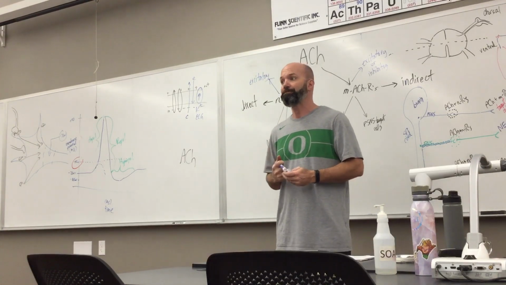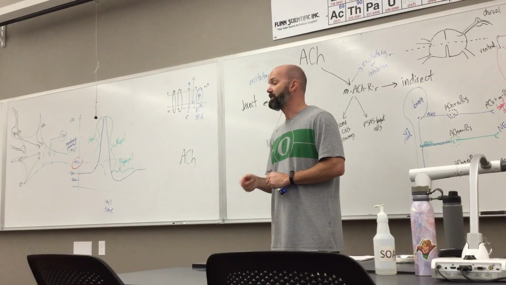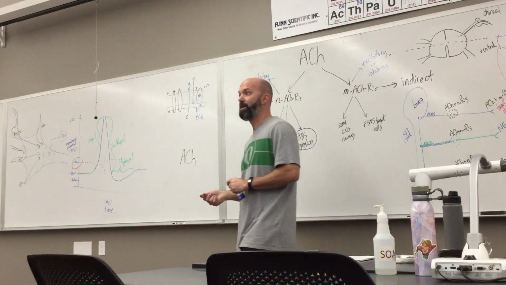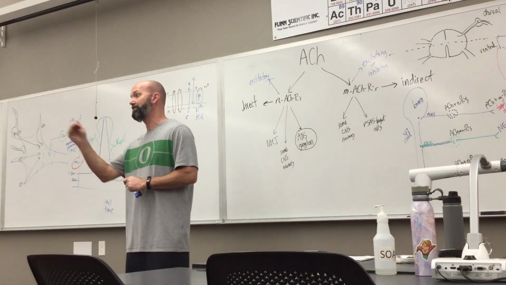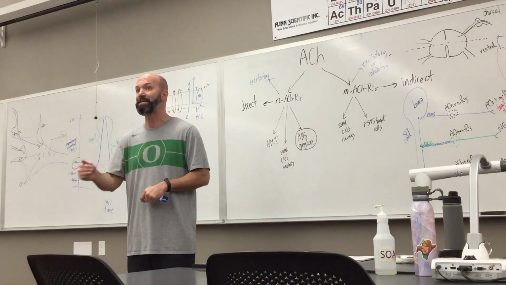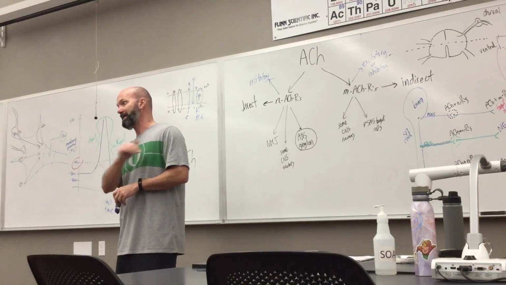When the neurotransmitter binds to the receptor, it opens ion channels. When you open ion channels, ions start moving across the membrane, changing the voltage. If that voltage becomes more positive at the postsynaptic membrane, we call it an EPSP. And if the voltage becomes more negative, we call it an IPSP.